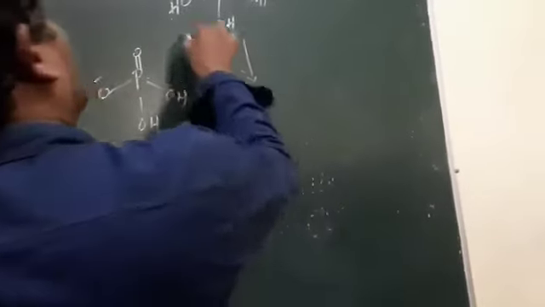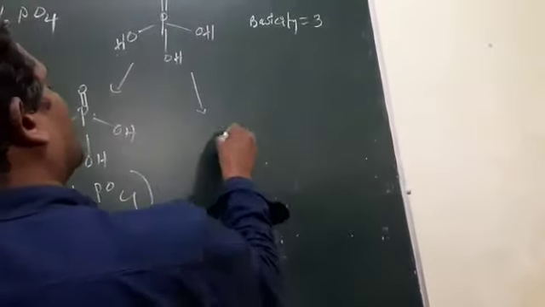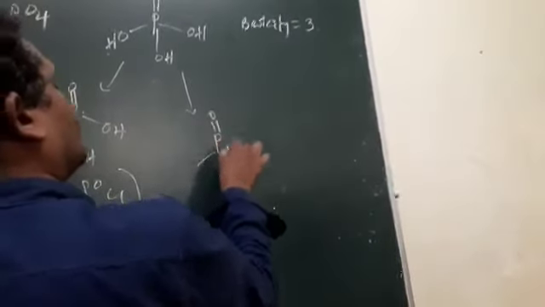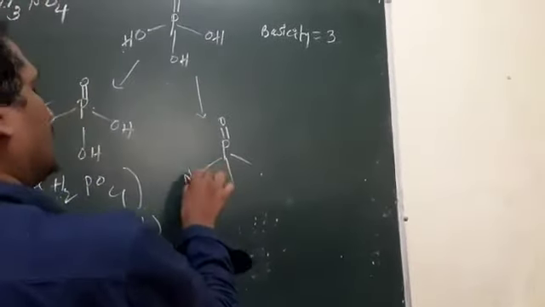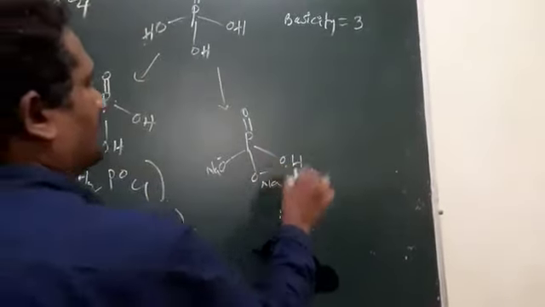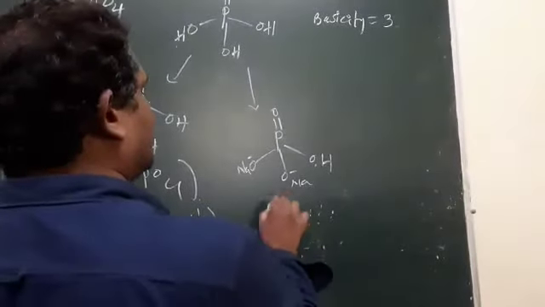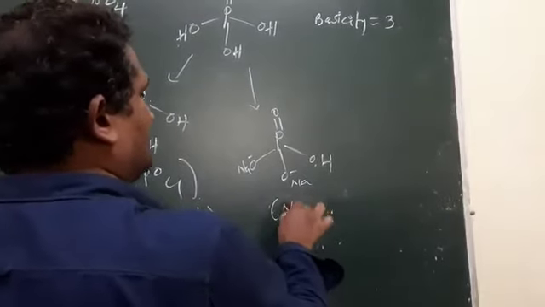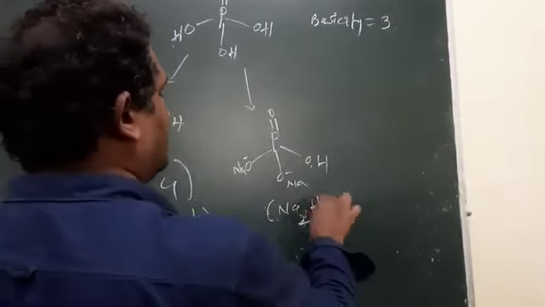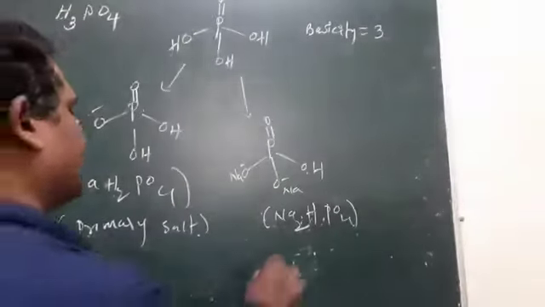And the second one, two OH groups displaced by Na. Here two minus charges. This is a secondary salt. Its formula is Na2HPO4.